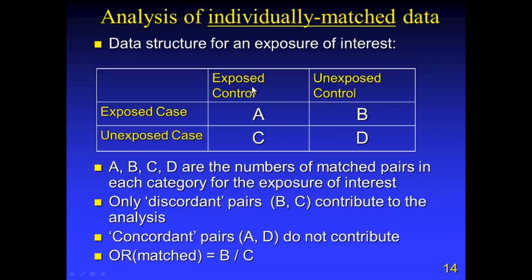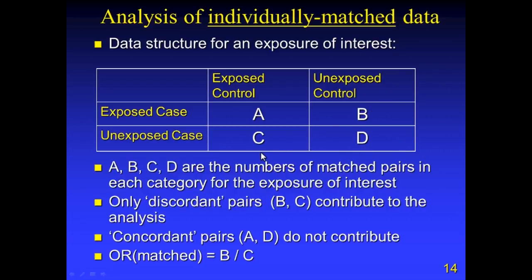You see that the axes are labeled exposed case, unexposed case, exposed control, unexposed control. So with case-control pairs, we have four situations. We have both the case and the control being exposed, or both the case and the control not being exposed. That's A and D, and we often refer to them as concordant pairs because the case and the control are exactly the same.